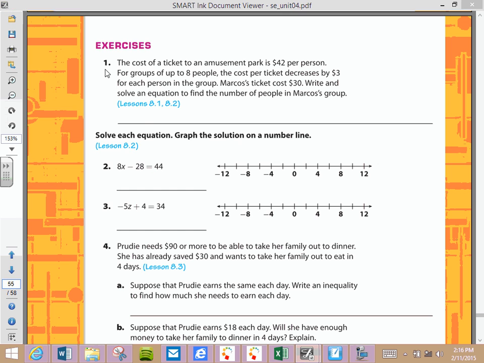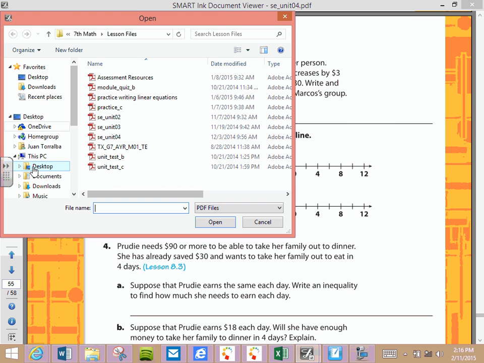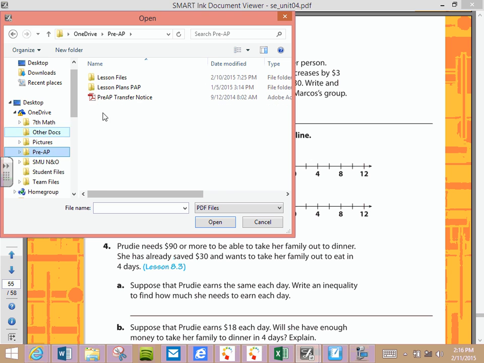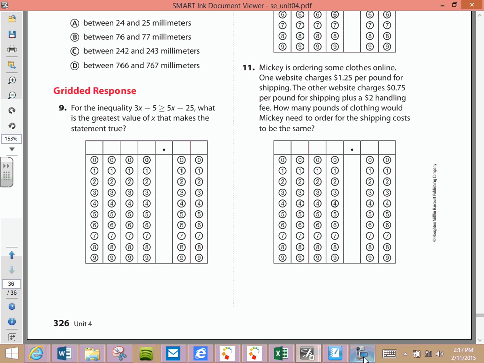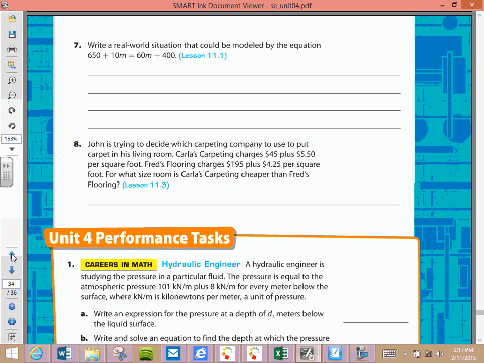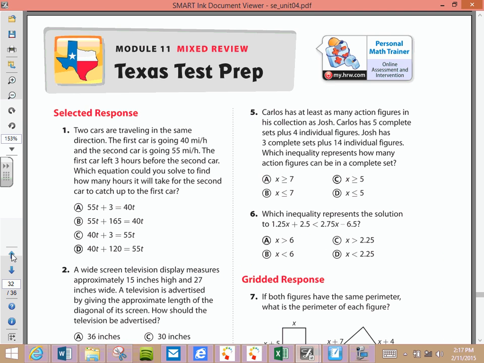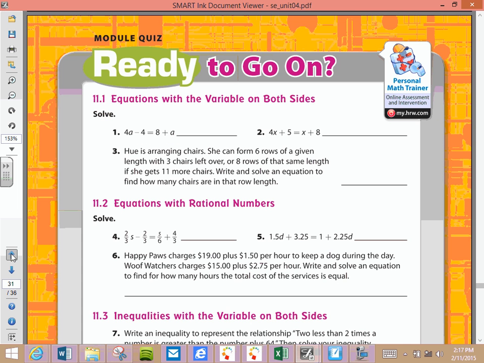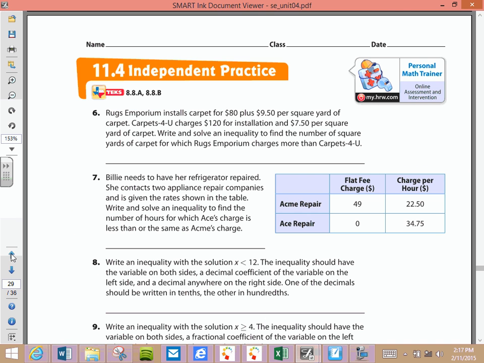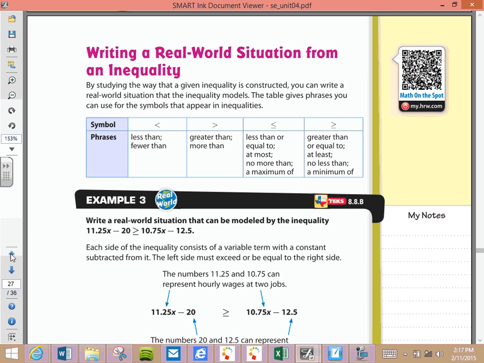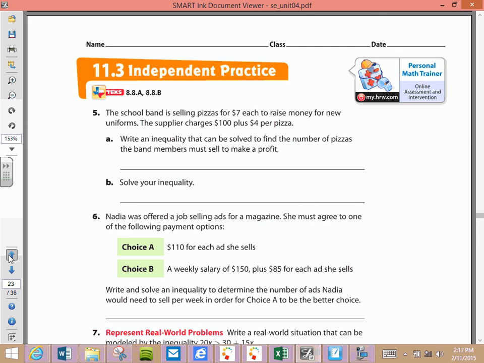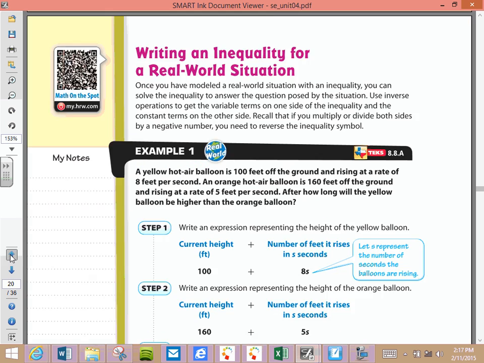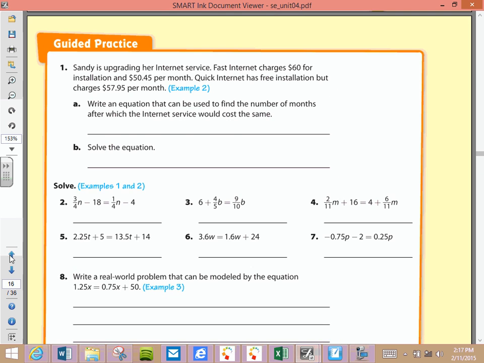Oh, I opened up the wrong paper. JK. Am I recording? I is recording. Those kids don't know. I'm kidding. There you go.